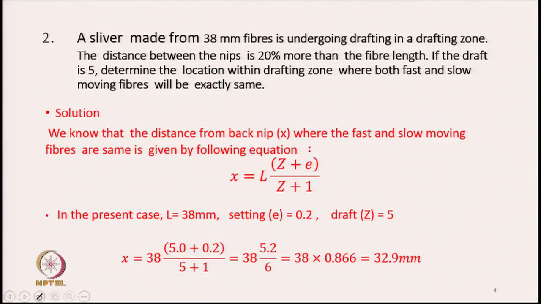We know that the distance from the back nip where the fast and slow moving fibers are the same is given by the following equation. If you remember the theory part of the lecture related to this particular problem, then you will be able to recall that the distance from the back nip where the number of fibers moving at back and front roller speed is exactly the same is given by this formula: x equals L into (Z plus E) by (Z plus 1).